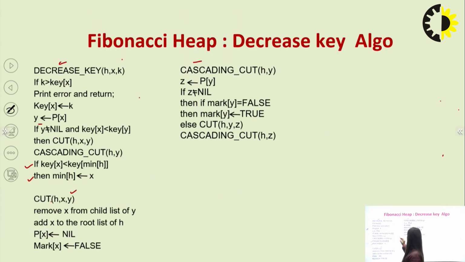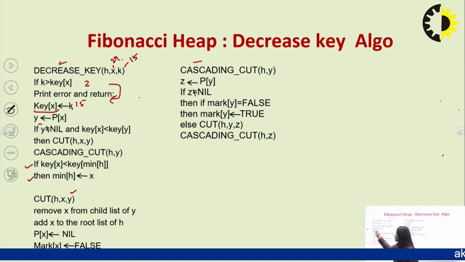See, now your x is 29 and k is 15. 15 is less than your current key 29, then we do not go to this point, we just switch to this point. Now update, your key is 15, now your key of x is 15.